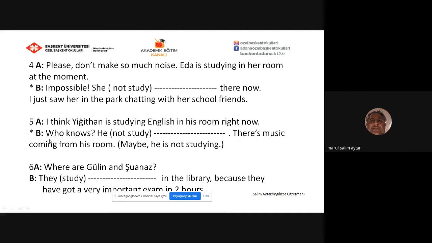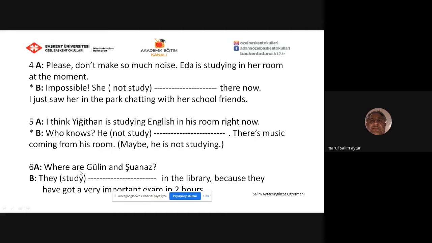In this conversation, the first speaker says, I think Ethan is studying English in his room right now. Who knows? This makes it a weak deduction, actually, and it should be in a negative sense and present continuous at the same time. So present continuous, negative, weak deduction. Maybe he's not studying.